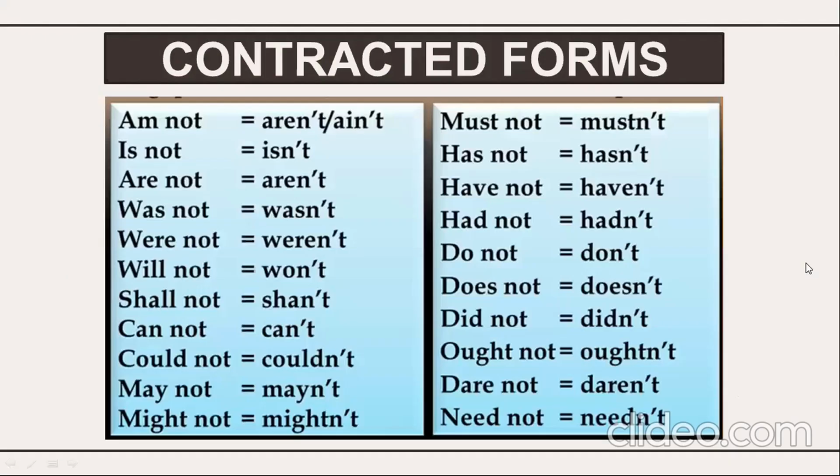Now let's understand the contracted forms or the short forms. Am not will change into aren't, is not isn't, are not aren't, was not wasn't, were not weren't, will not won't, shall not shan't, cannot can't, could not couldn't, may not mayn't, might not mightn't, or maybe must not mustn't, has not hasn't, have not haven't, had not hadn't, do not don't, does not doesn't, did not didn't, ought not oughtn't, dare not daren't, need not needn't.